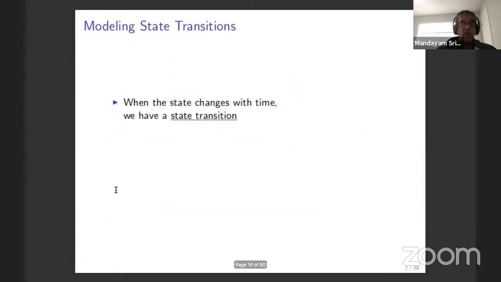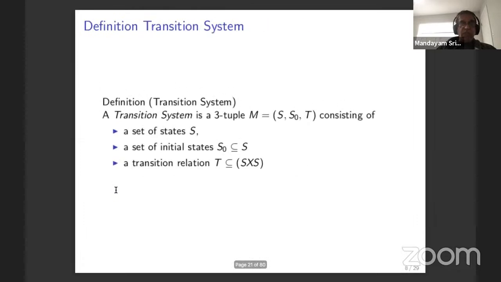Let me skip ahead. This is the formal definition of a transition system. It's a three-tuple. The first component is the set of states that your system could potentially be in.